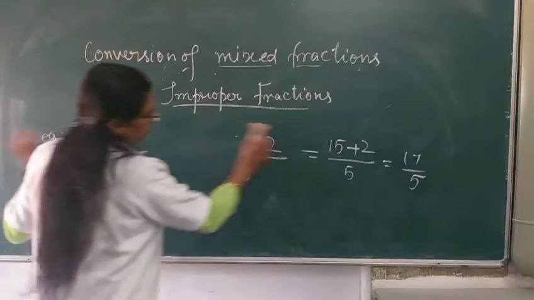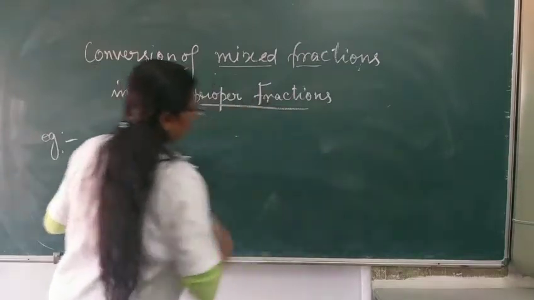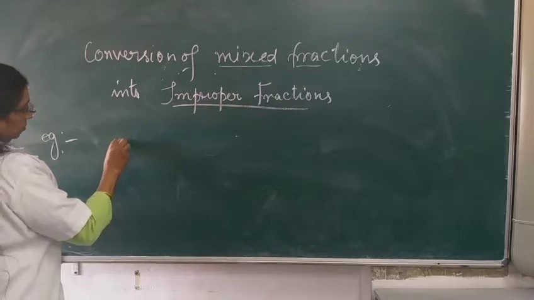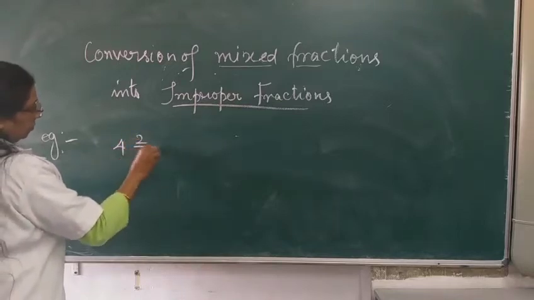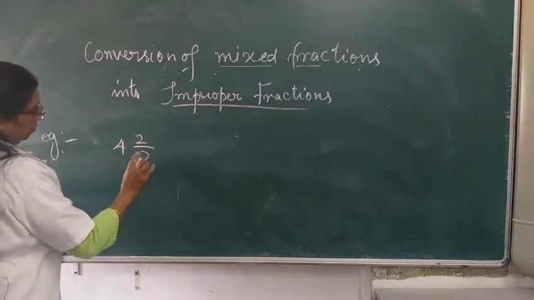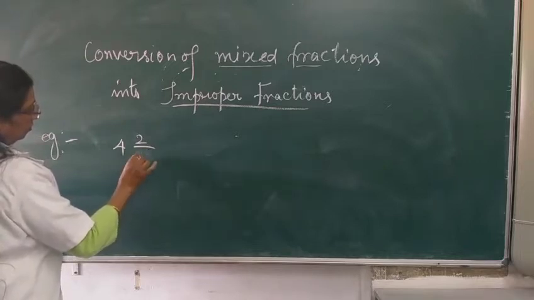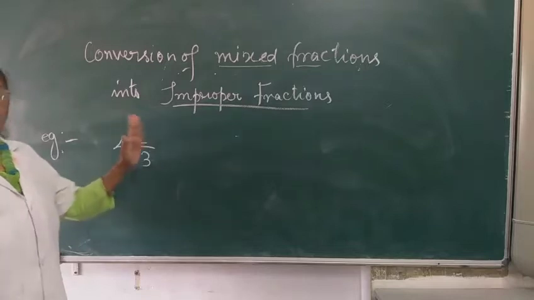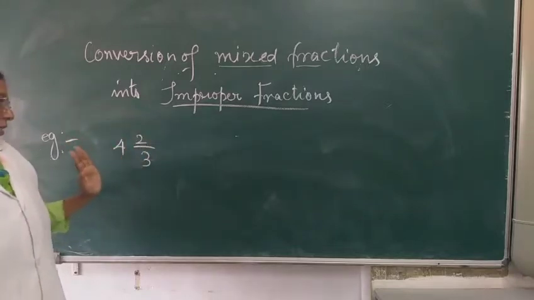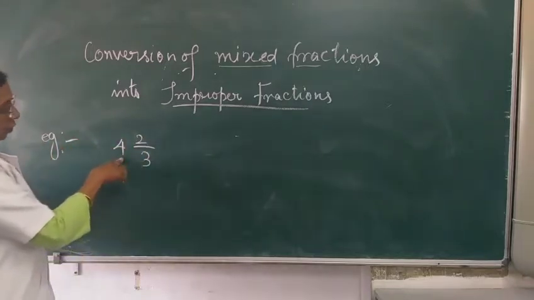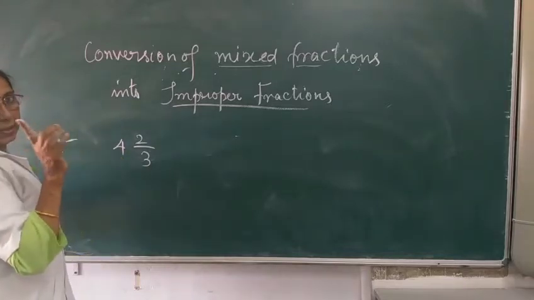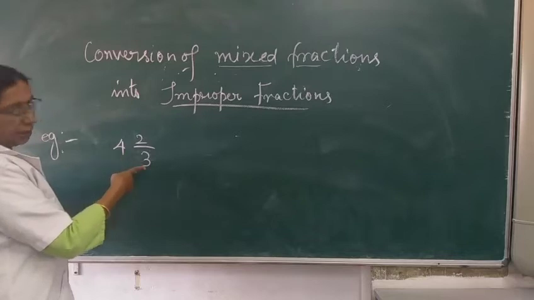Let me give you another example. 4 2 by 3. 4 2 by 3 is a mixed fraction. What is the whole number? 4 is the whole number and which is the denominator? This 3. First you take the product of 4 and 3.